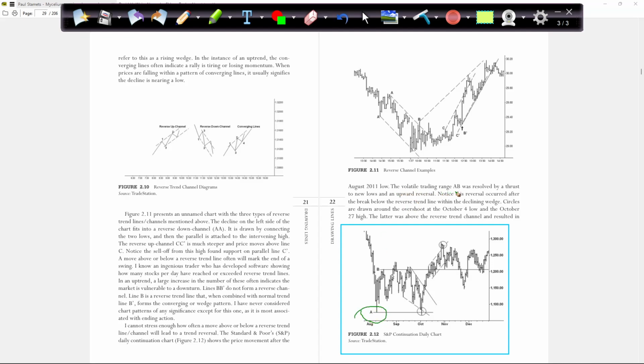The volatile trading range AB was resolved by a thrust to new lows and an upward reversal. Notice this reversal occurred after the break below the reverse trend line within the declining wedge. So we have this channel here.